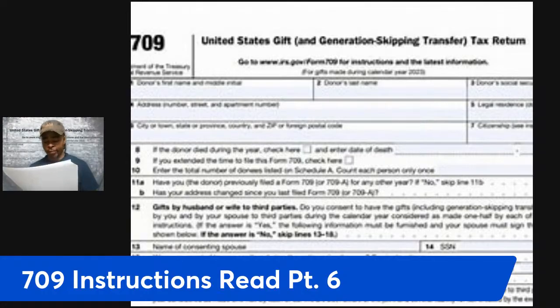Line 5. Section 2632C provides an automatic allocation to indirect skips if any unused GST exemption. The unused exemption is allocated to indirect skips to the extent necessary to make the inclusion ratio 0 for the property transferred.